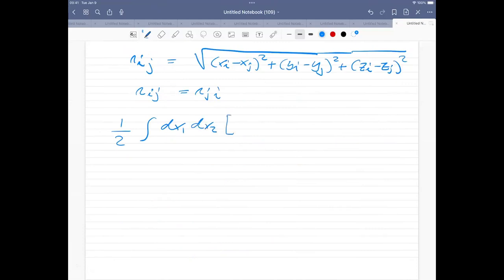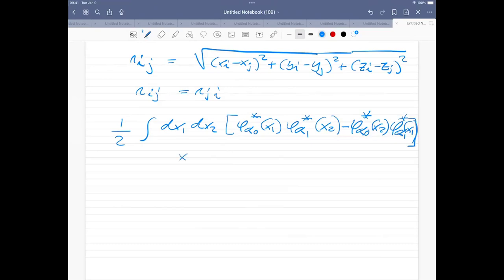And then we have, again, the same wave functions which we had before, the same Slater determinant: phi alpha 0 of x1, phi alpha 1 of x2, minus phi alpha 0 of x2 (interchanged), and phi alpha 1 of x1, complex conjugate, and this is multiplied with v of r12.